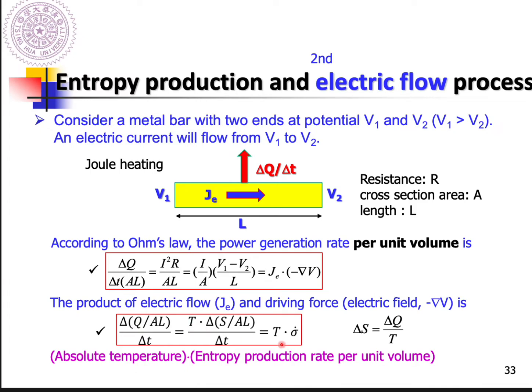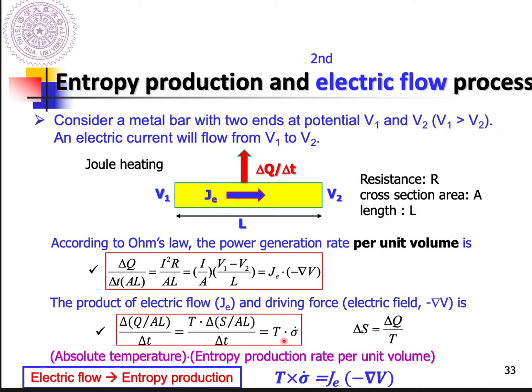So we got the temperature times what? Entropy production rate per volume. So it's the sigma dot. So these are identical. Finally we derive this equation: the absolute temperature times the entropy production rate equals the flux, here the current density, times the driving force.